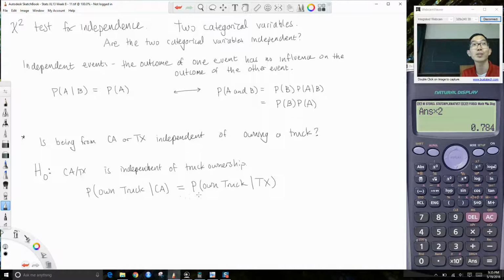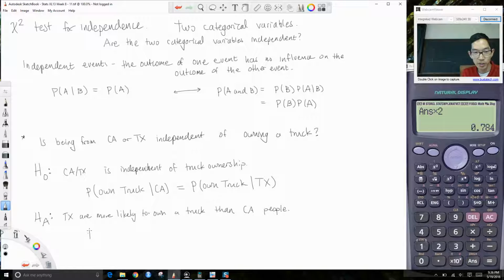Do we agree with the way this is written? This says that they are independent, okay? The alternative, we would say, Texas people are more likely to own a truck than California people.